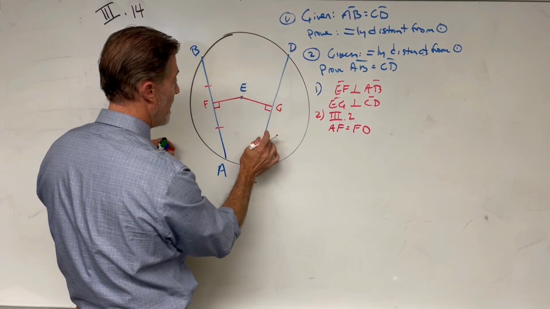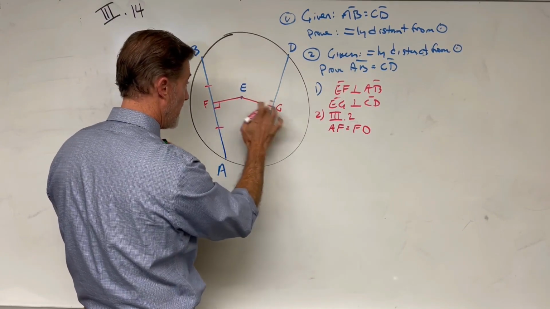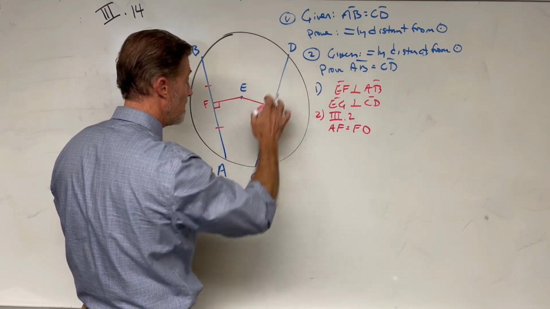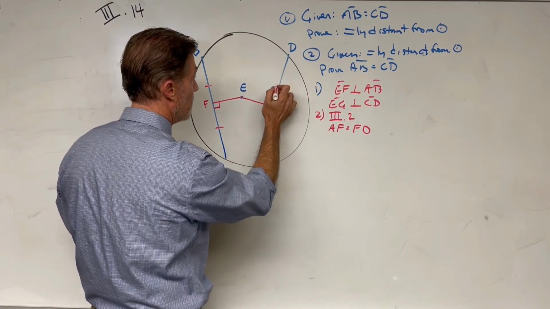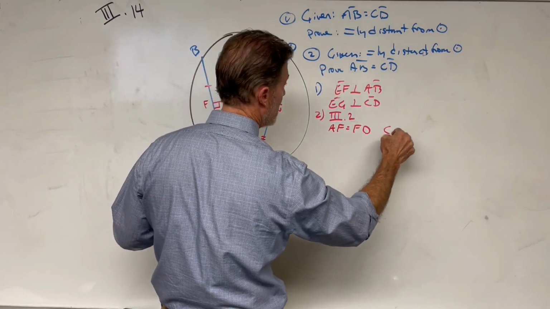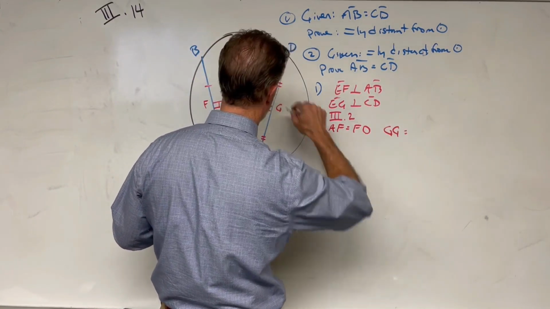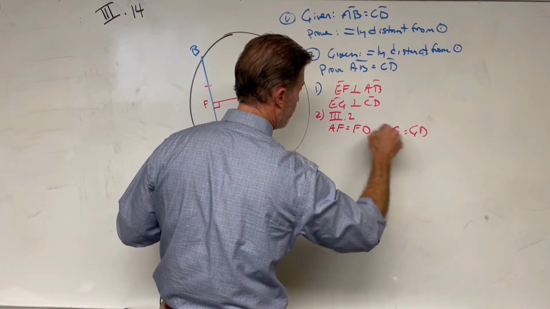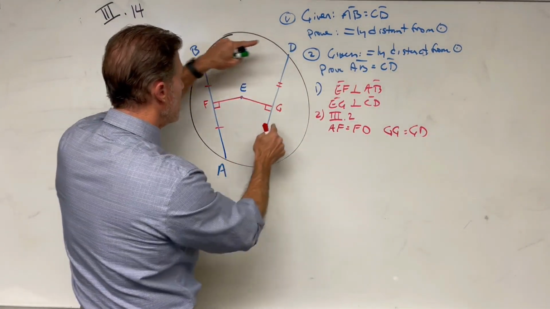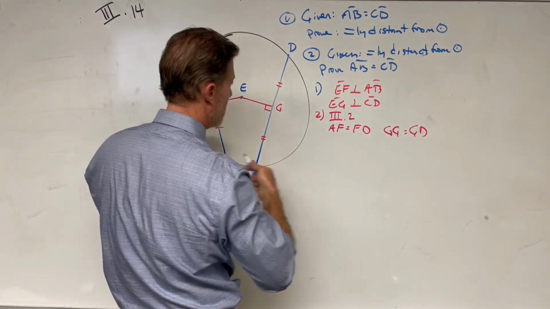Likewise, there's a line through the center touching another line not through the center at right angles. Therefore, this is also bisected. And so we know that CG is equal to GD. But remember, we know AB is equal to CD.